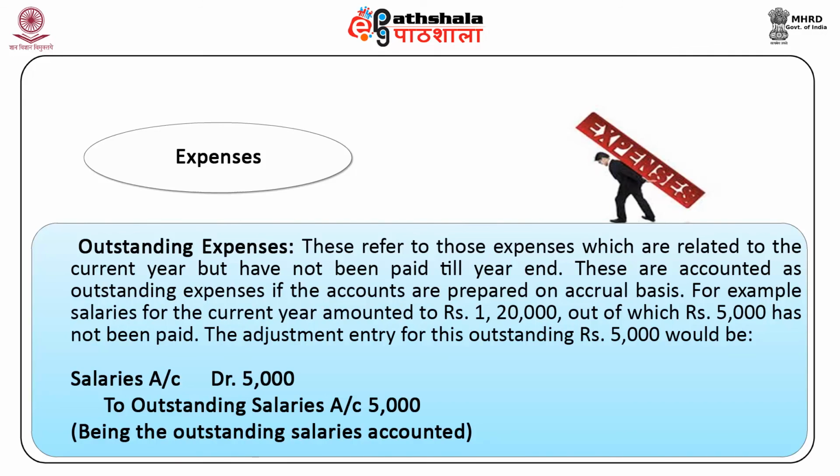For example, salaries for the current year amounting to Rs 1,20,000, out of which Rs 5,000 has not been paid. The adjustment entry for this outstanding Rs 5,000 would be salaries account debited 5,000 to outstanding salaries account credited 5,000, being the outstanding salaries accounted.